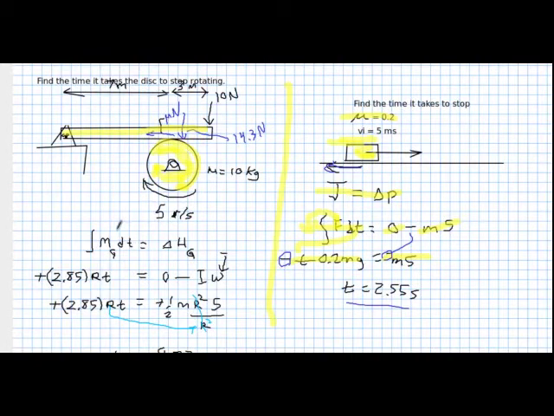Okay, let's look now at the example on the left. Very similar. Even the equations look very similar. So the change in angular momentum: the final angular momentum is 0, since it ends up being stopped.